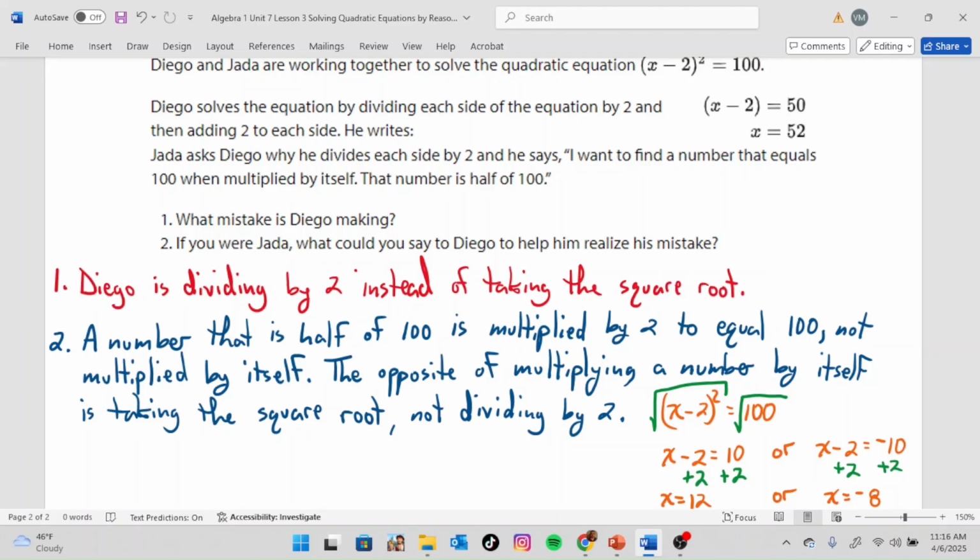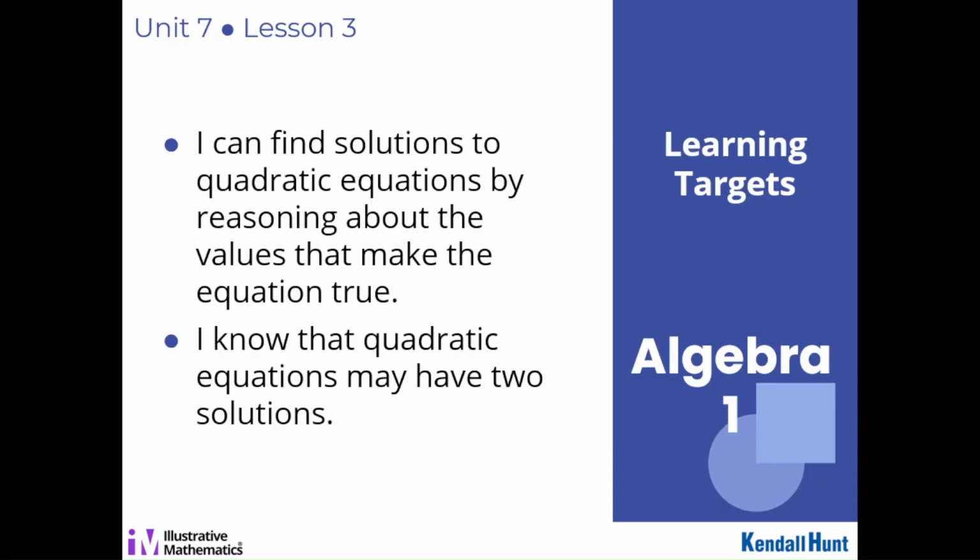Before we finish this lesson, let's go back and look at the learning targets again and ensure that you've learned everything you needed to before moving on to the next lesson. Reviewing the learning targets, we had 2 of them.